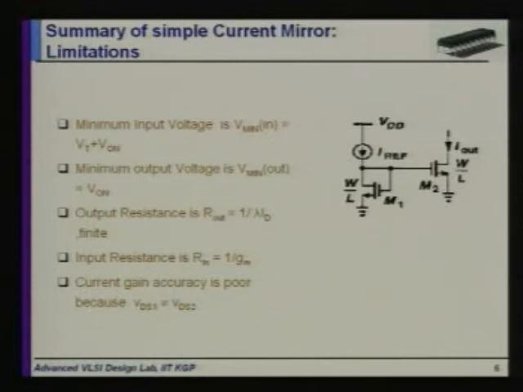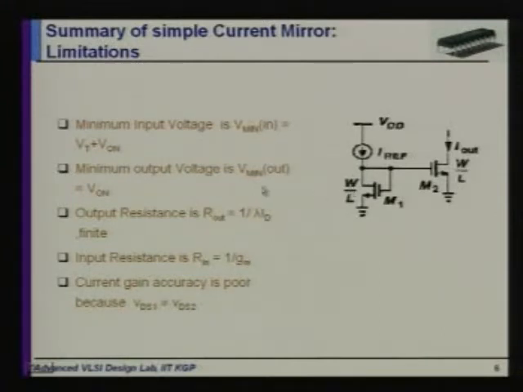Now what is the summary for the simple current mirror? From that summary, there are different types of limitations of this simple current mirror. First one, the minimum input voltage of that particular current mirror, that is what the voltage should be at this node, is nothing but VGS.